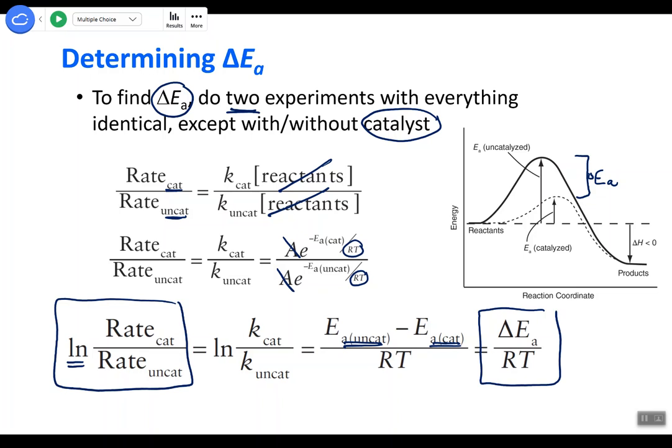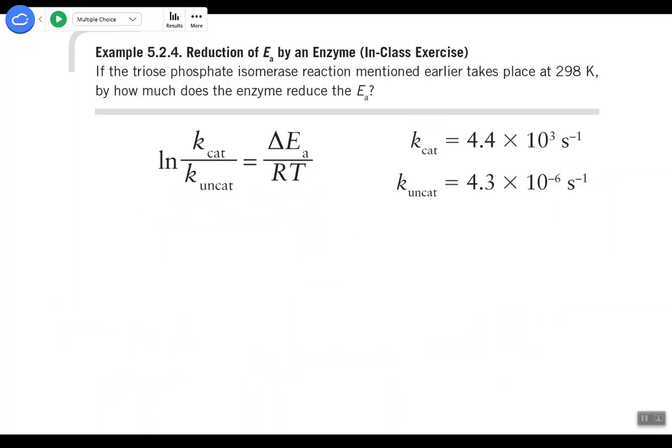So let's go back to our TPI enzyme example, our triose phosphate isomerase. We know that with the catalyst, it's 1 billion times faster. That's amazing. By how much does this enzyme reduce the activation energy? Well, we were told the specific rate constant values already.